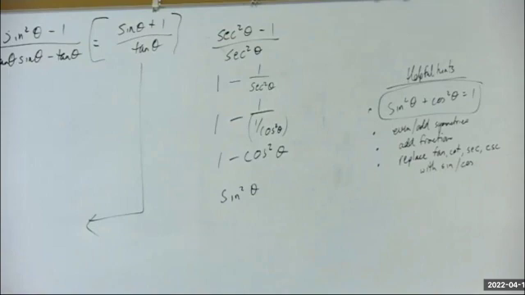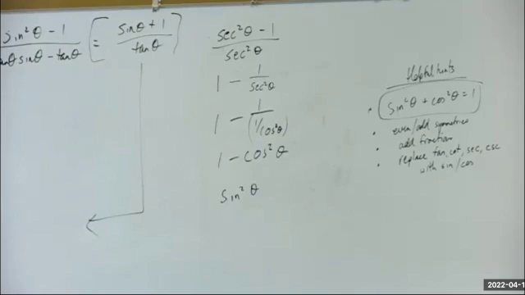Tangent is sine over cosine. Yeah, but isn't cotangent just the flip? So what's cotangent? When you say cotangent is tangent, what does that mean? Well, if I say take 2/3 and flip it, okay, that's what I mean.